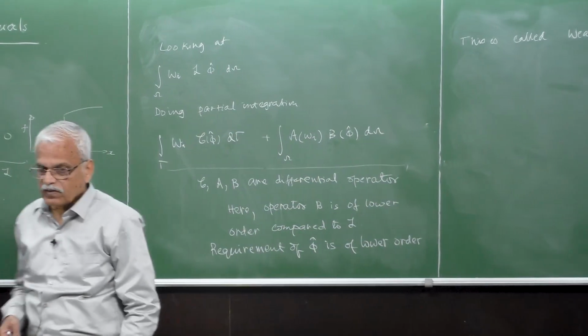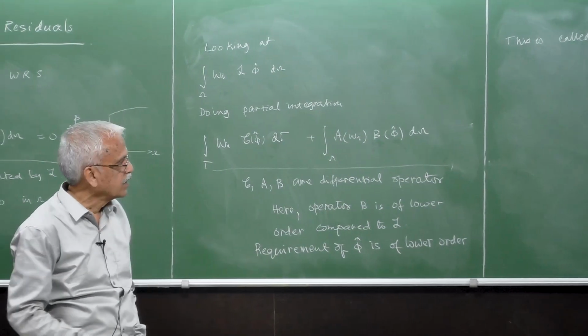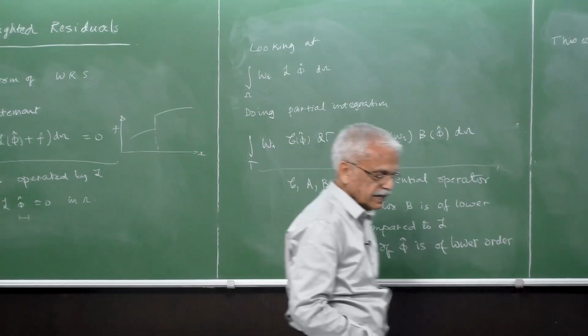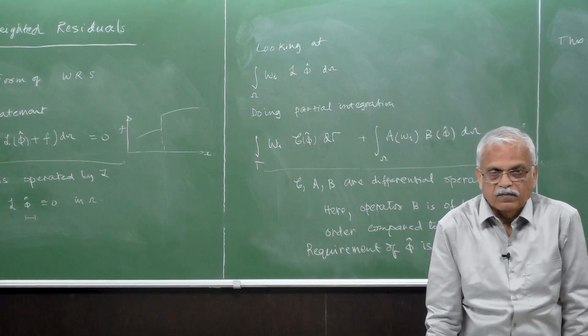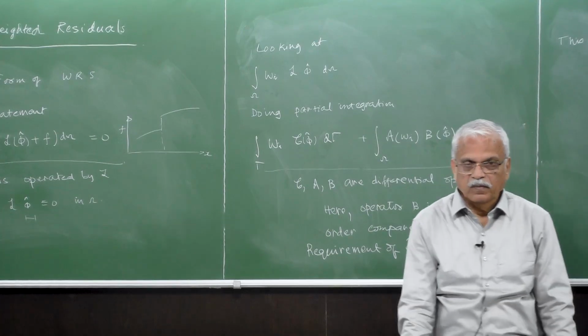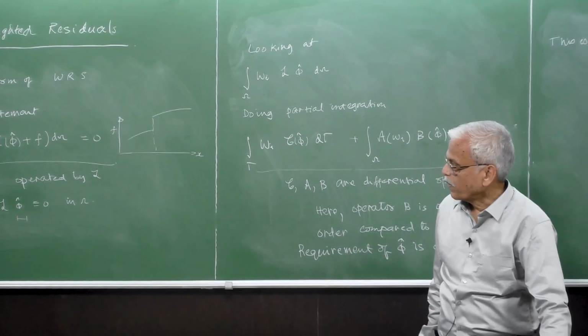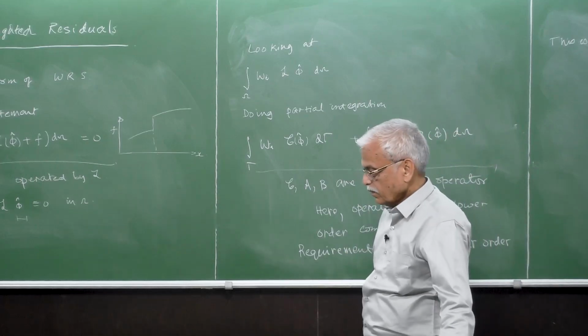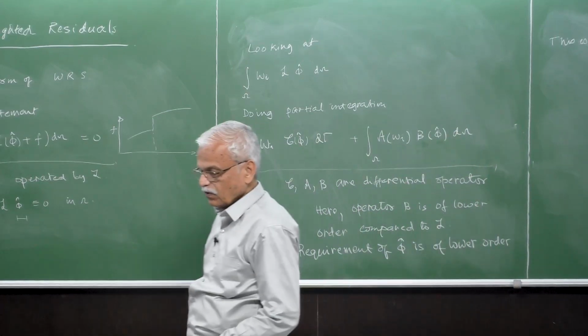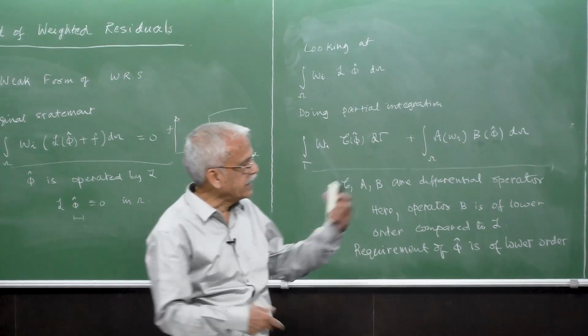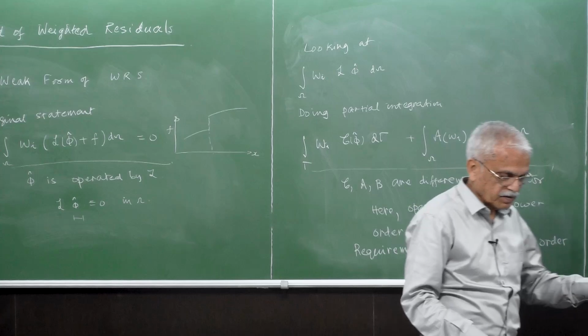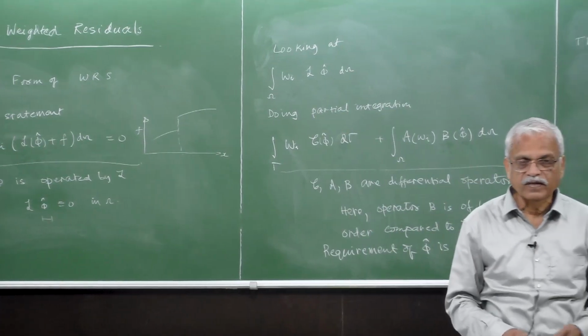So this offers the advantage that now we can look at a bigger set of phi hat. That's number one. Number two, by also incorporating here the residual due to the boundary term, this will offer many other advantages of cancelling terms.